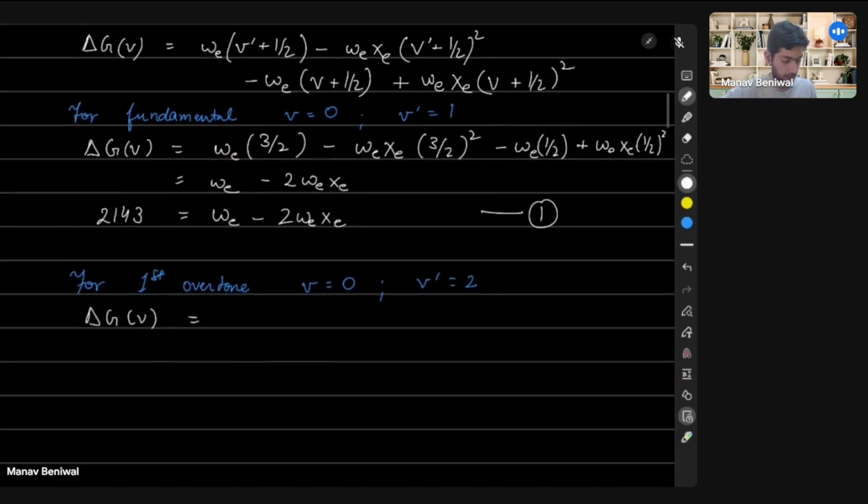What was our delta G v here? This will be omega e times 5 by 2, since 2 plus 1 by 2 is 5 by 2, minus omega e x e times 5 by 2 squared, and this will remain the same.